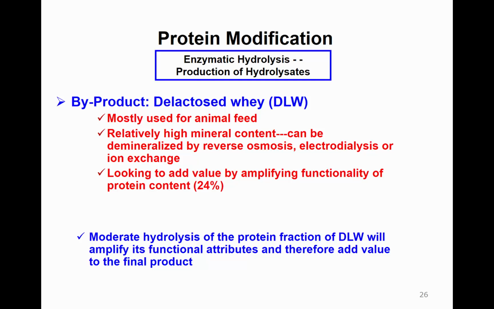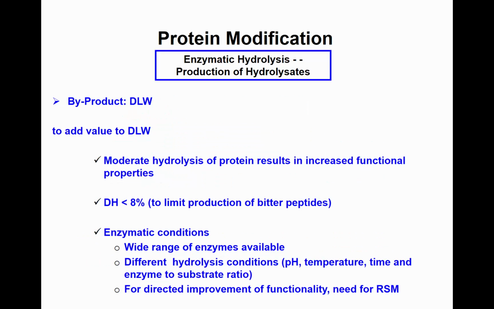If we impart moderate hydrolysis to the protein within delactosed whey, we can amplify its functional characteristics and therefore add value to this product. So that was our initial hypothesis: let's add value to this product, let's initiate hydrolysis and increase functionality.